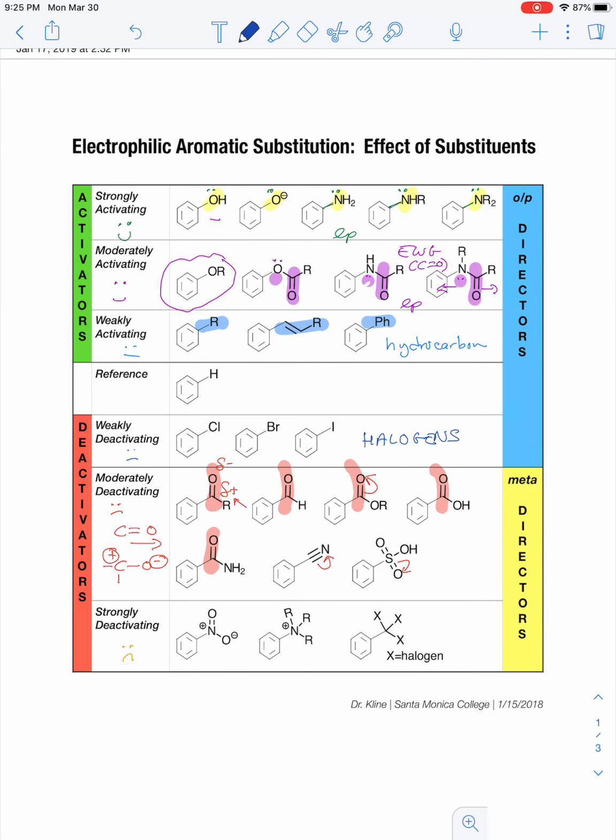So again, the trick, should you ever be in a situation where you need to memorize these, is to look at the commonalities between each one of these sets. Lone pair, no carbonyl. Lone pair next to a carbonyl, except for that.